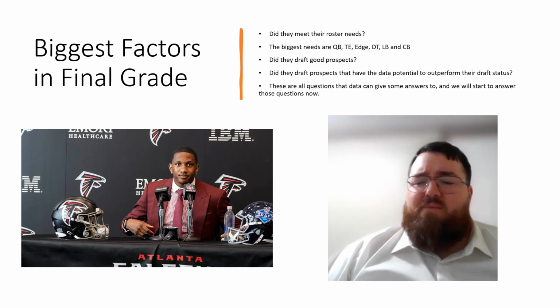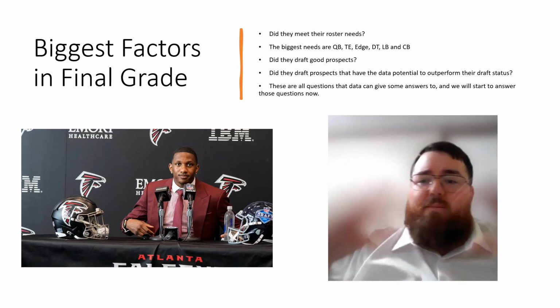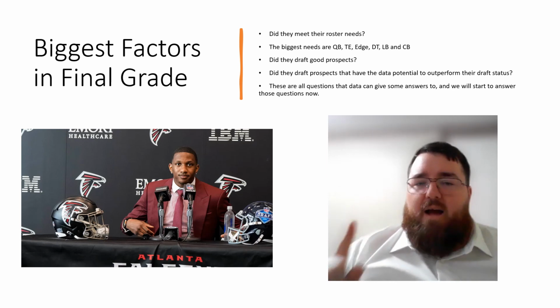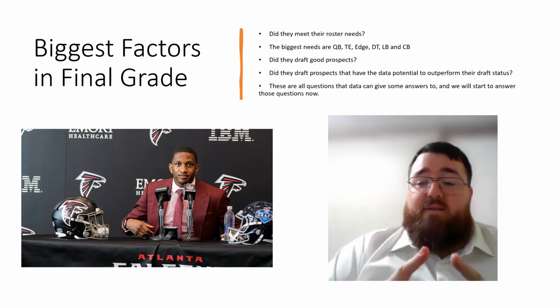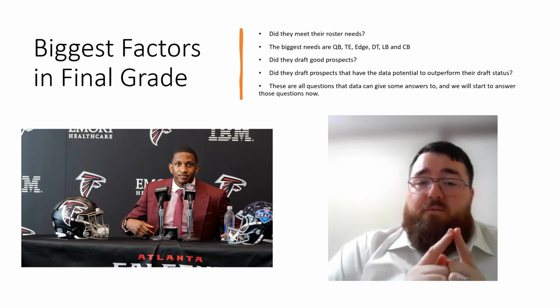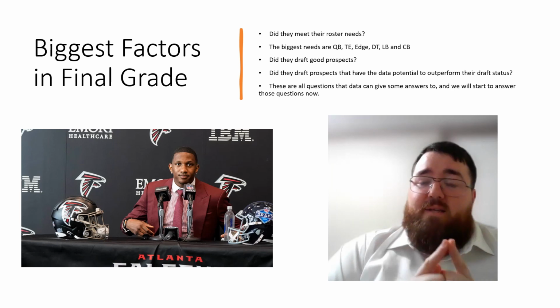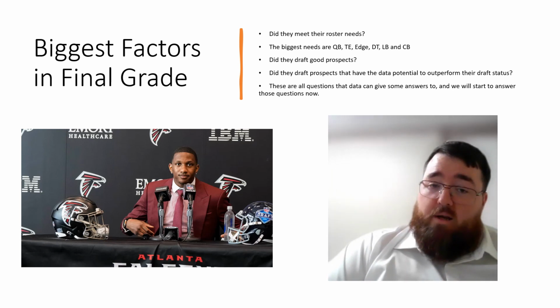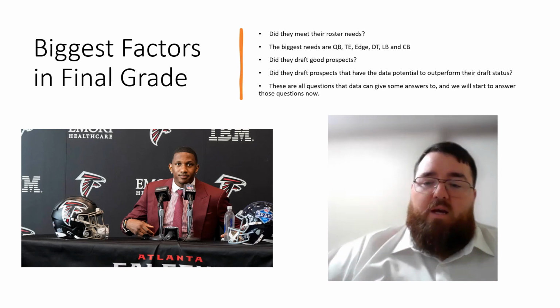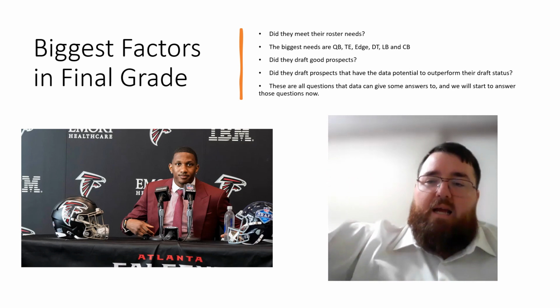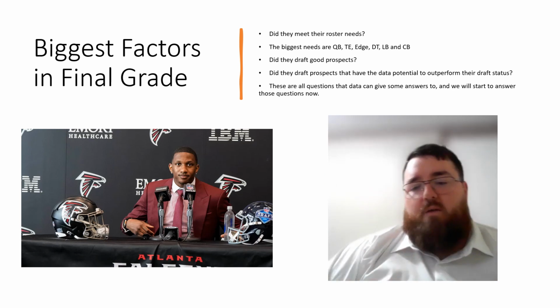Also, did they draft prospects that have the data potential to outperform their draft status? This is probably different from everybody else, but I find that when teams draft prospects with great data grades, they run a higher chance of those prospects breaking out from where they're selected. So if you go back to that chart that I showed you earlier in the video, when you draft a prospect in the 4th, 5th, 6th, or 7th round, you're going to have a steep decline in terms of what is expected from those prospects long term.